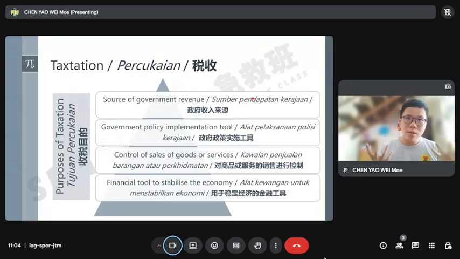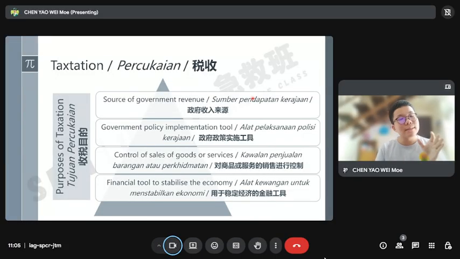If no tax is imposed, the only thing they can do is wait, because they don't have the means. So taxation is a government policy implementation tool.